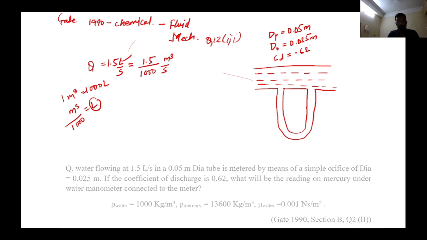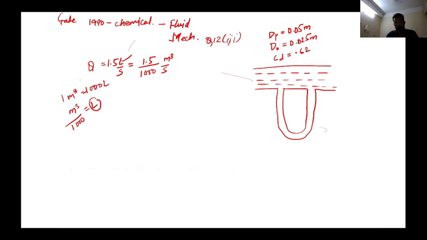So the very first thing, what is he asking? Suppose we have mercury here. This is mercury, right? Suppose this is mercury up to this point.